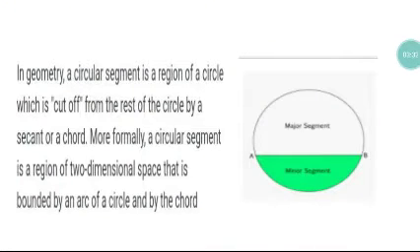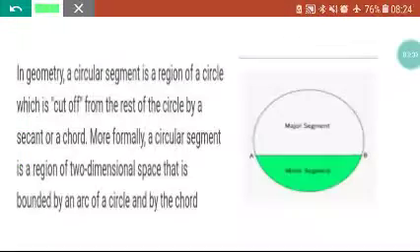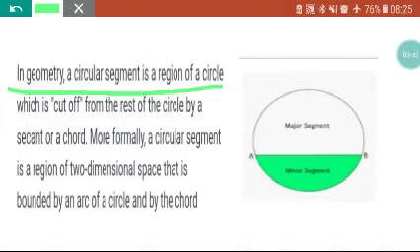Now first of all, what is a segment? It is clearly written here. A circular segment is a region of a circle which is cut off from the rest of the circle by a secant or a chord. Actually we take the chord here, we don't take the secant, but I will also explain what a secant is.